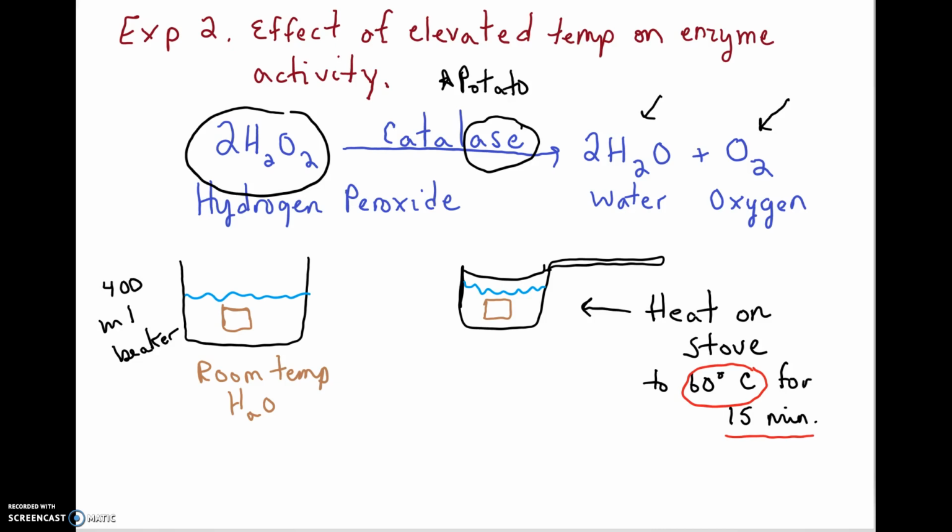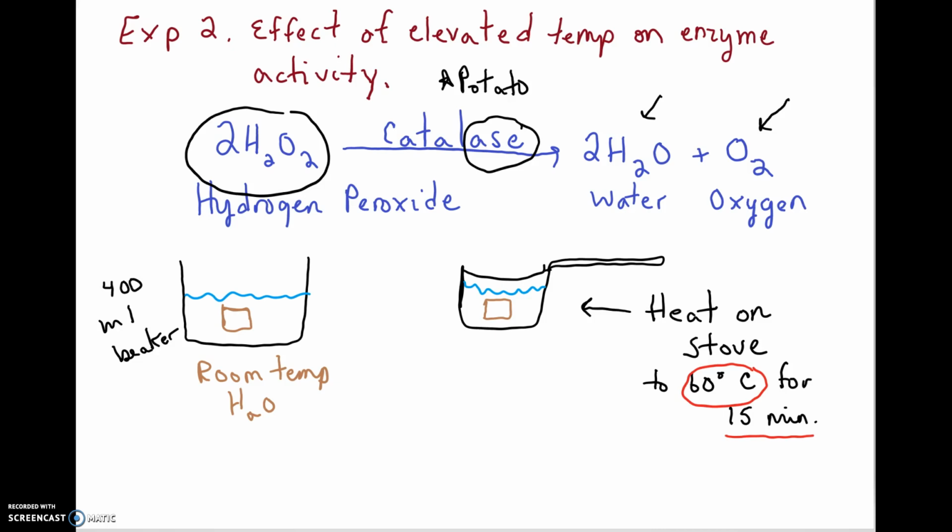Okay, so remember, I'm just going to throw out a little hint here. Remember when we talked about enzymes and how they have a particular shape or structure because they're made of proteins, and that things like heat could break the bonds between the components of the protein, which we call amino acids? Those interactions could break and actually cause that protein to change its shape, or in other words, it could denature the protein.